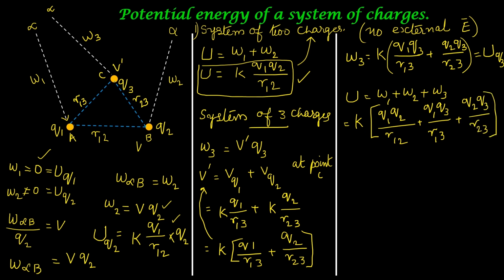That gives the total energy of the three charges, that is the system of three charges. So in the expression for potential energy of a system of three charges, there are three terms in the equation. First term for charge 2 and the next two terms for charge 3, that is Q3.